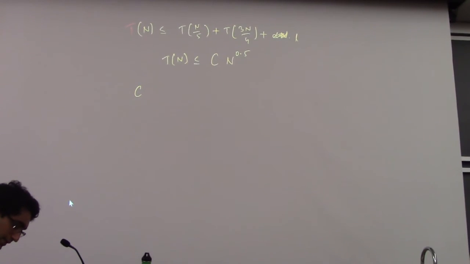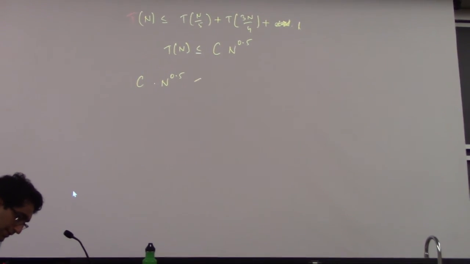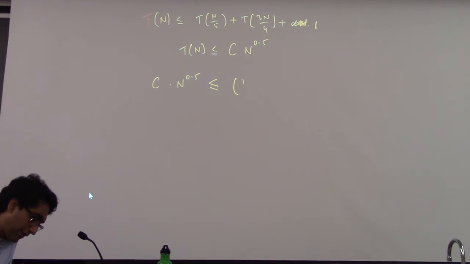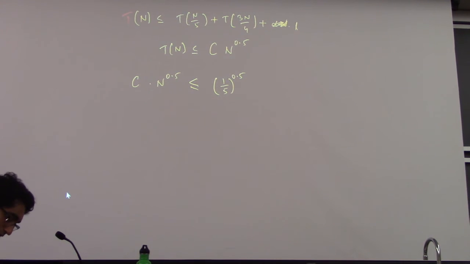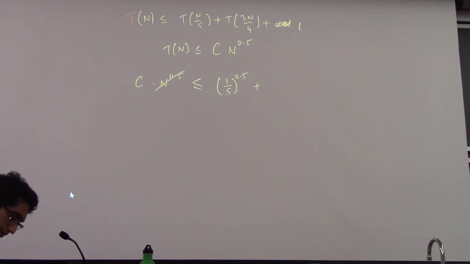Even in this case, you'll be able to get a slightly smaller power of n, but not n to the 0.5. You can try to work this out by saying, suppose I want to say that t of n is smaller than or equal to c times n to the 0.5. Then you can plug this in here, and you'll have to have c times n to the 0.5 less than or equal to c times (1 over 5) to the 0.5 times n to the 0.5, plus c times (3 by 4) to the 0.5 times n to the 0.5, and plus a term 1 by n to the 0.5, which you can ignore because it drops as n increases.